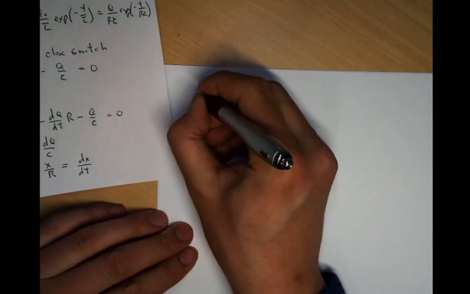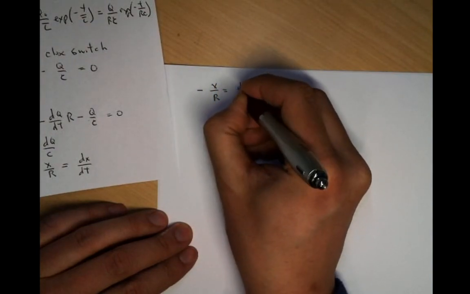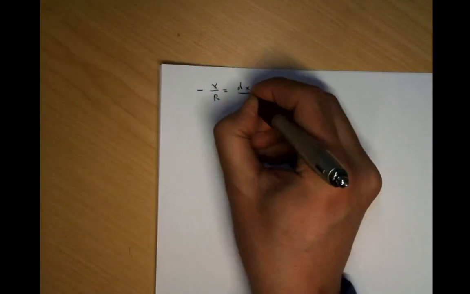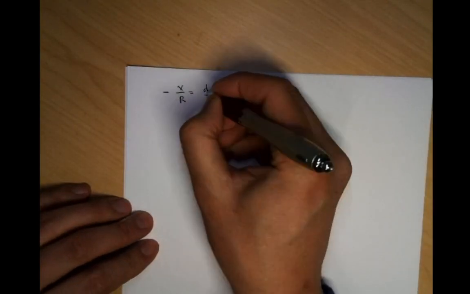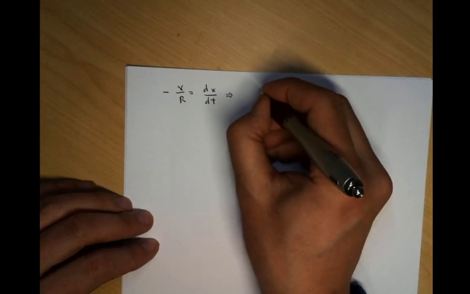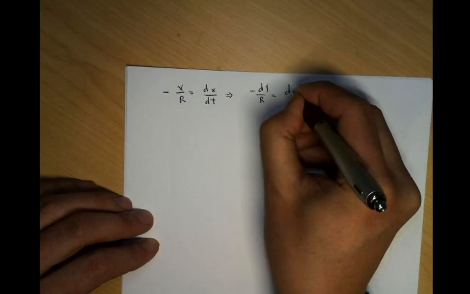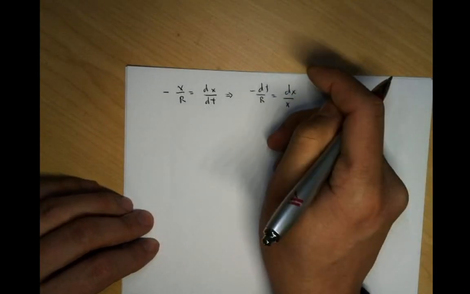I'll rewrite this again: minus x over R is equal to dx/dt. This is the same as writing minus dt over R is equal to dx over x.